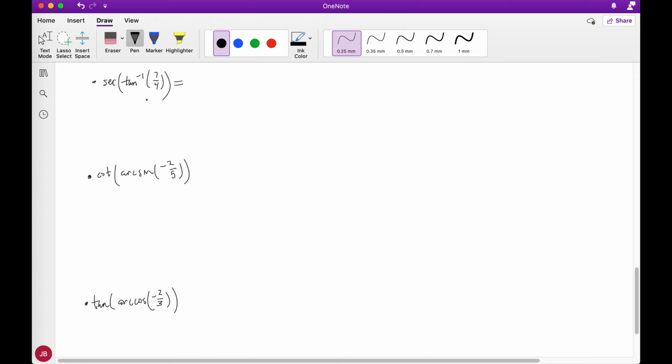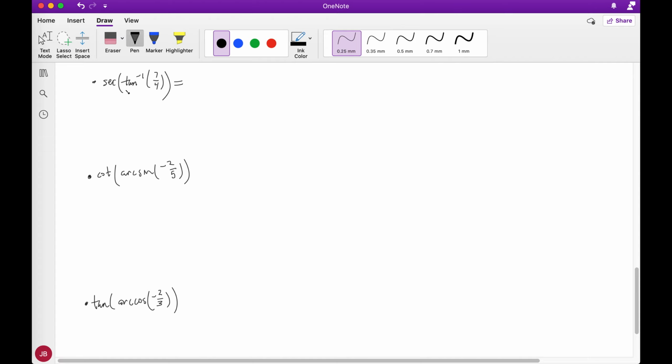So sometimes when you're mixing trig functions, especially when you have an arc trig function on the inside and then the same type on the outside, and notice secant and arctangent are not of the same type, then you have to do the following. You definitely don't know what the arctangent of 7 over 4 is. So what do we call things that we don't know? Well, we give them a variable name.